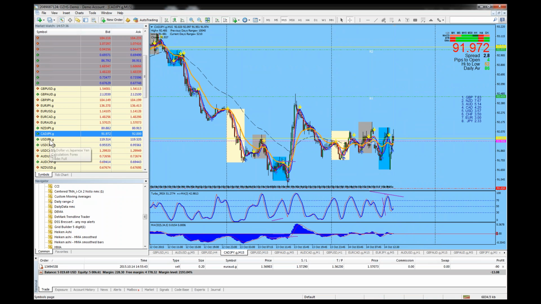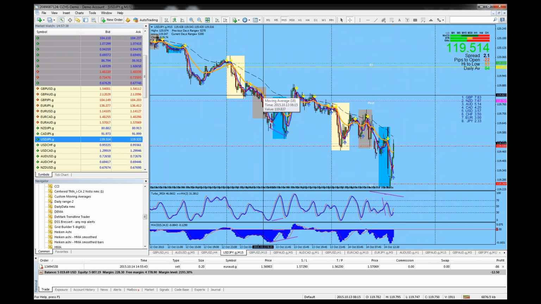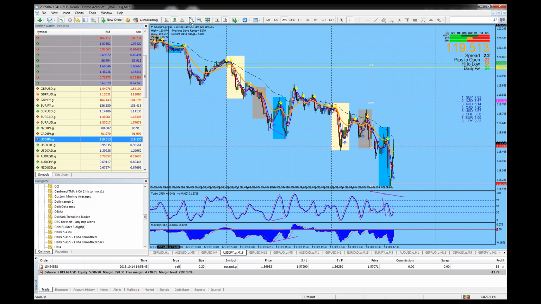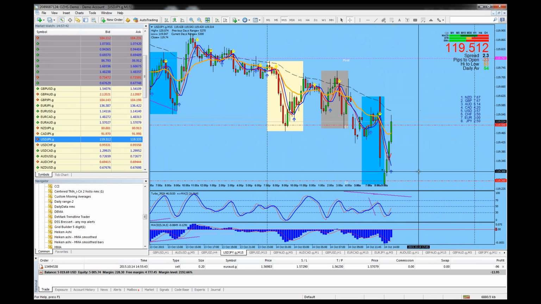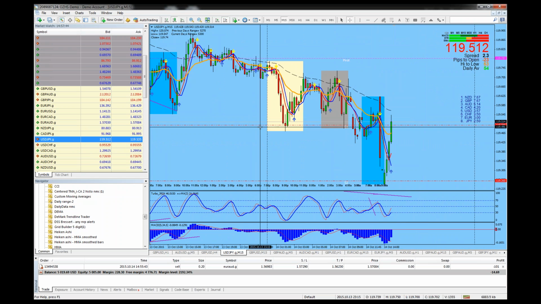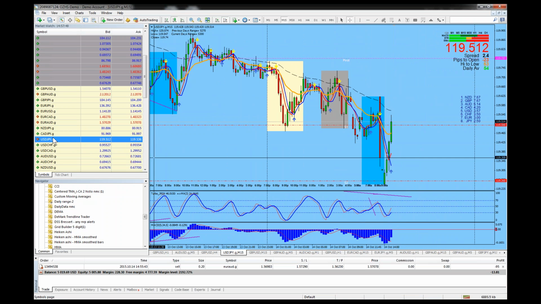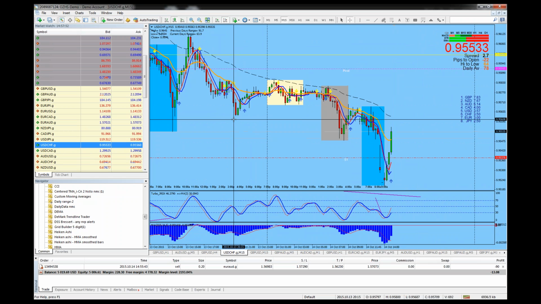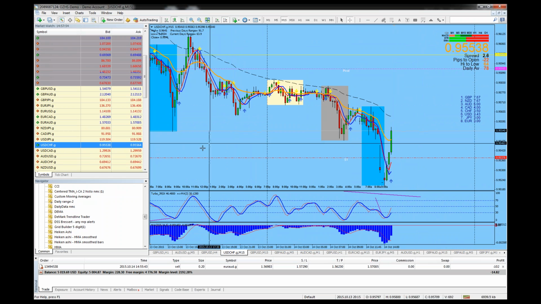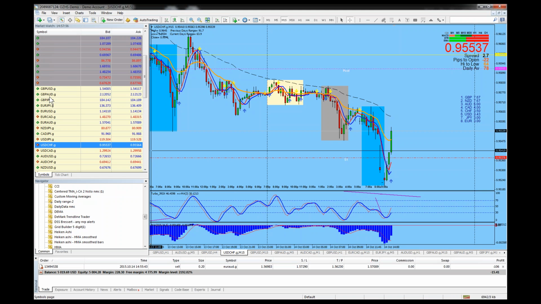Okay, dollar yen. Let's open this up a little bit, see if there's anything here. All the divergences have played out. Nothing there. So the only thing I really see right now is this Euro Aussie.